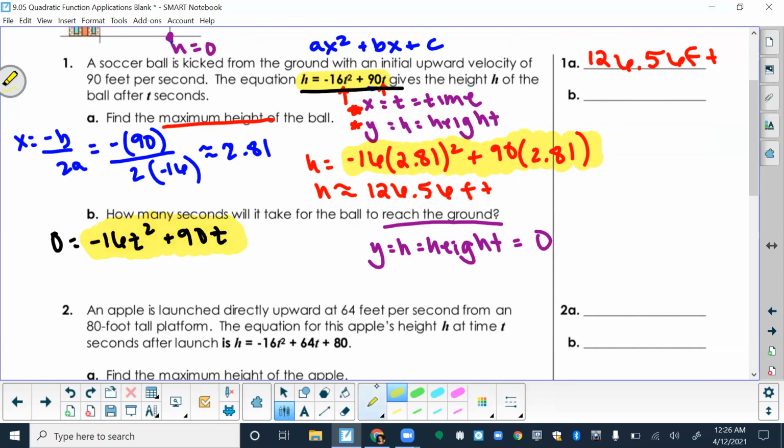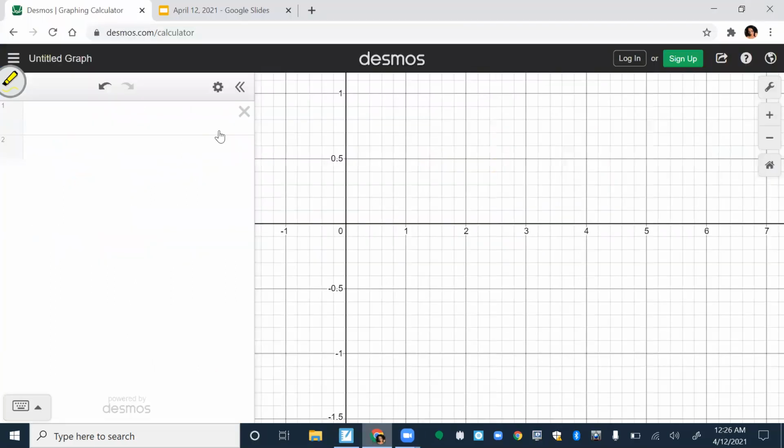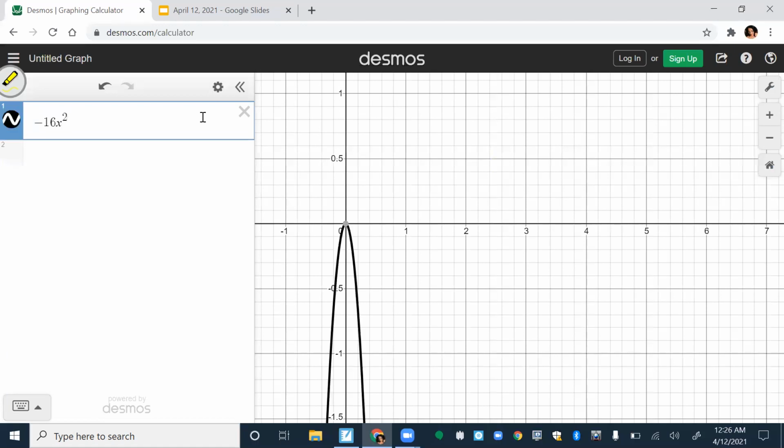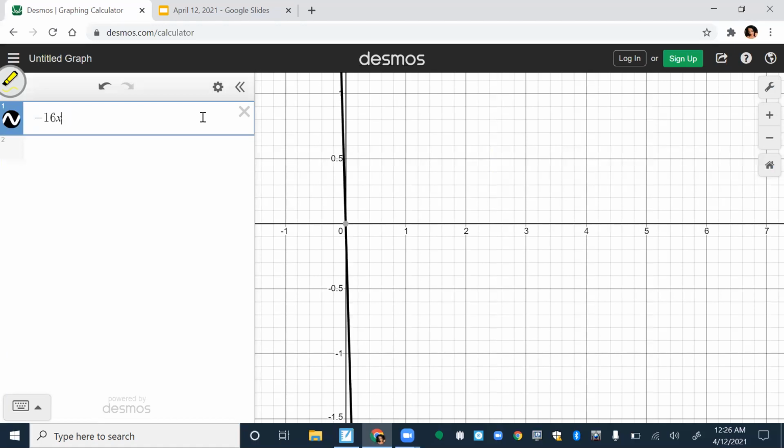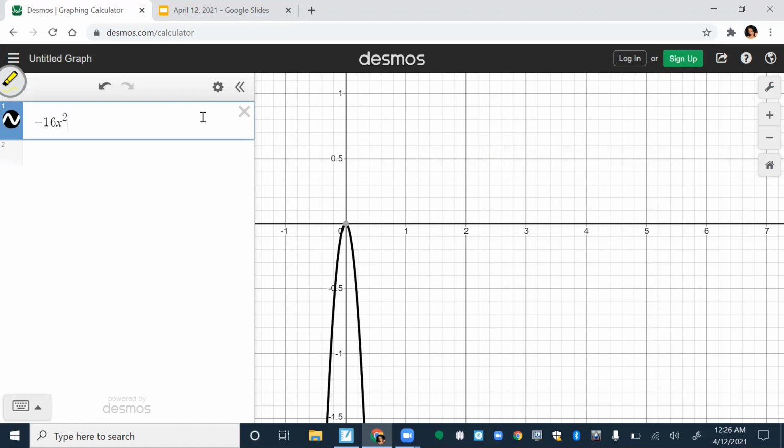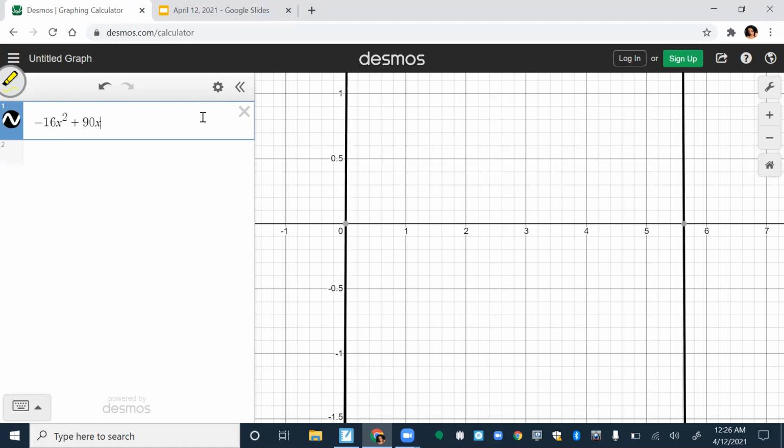Just know that when you plug stuff into Desmos, you're going to want to change that variable, t, to an x. It doesn't read the t squared. But if I put an x squared, it now knows what I'm talking about. So negative 16x squared plus 90x.